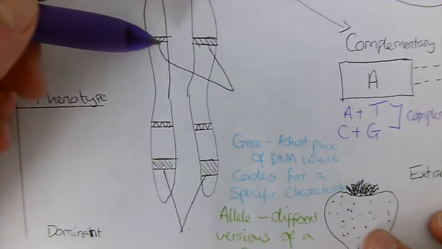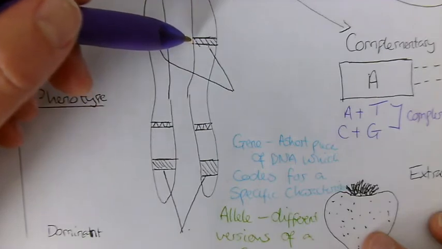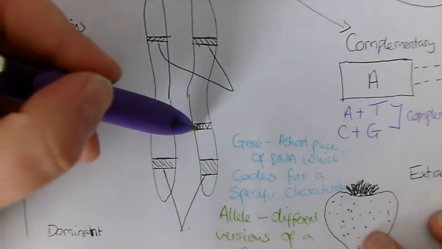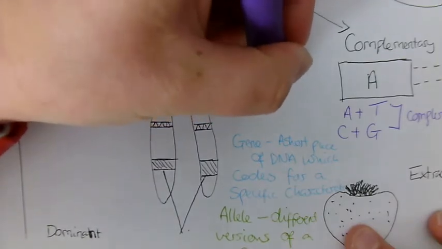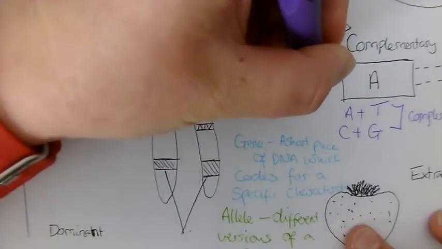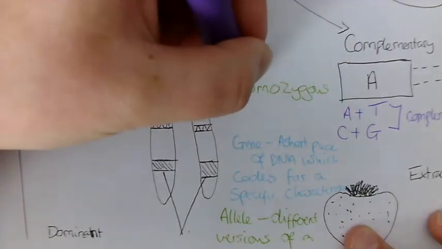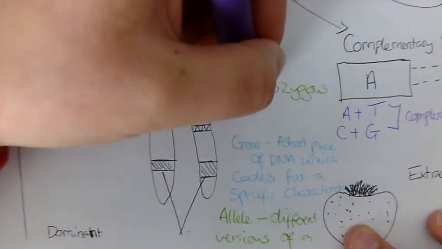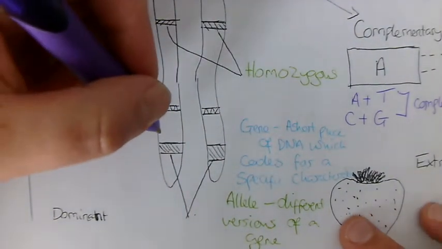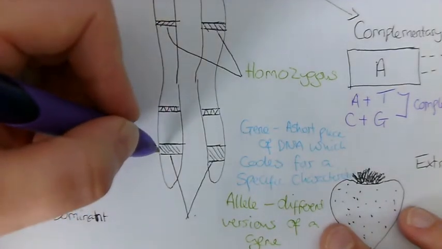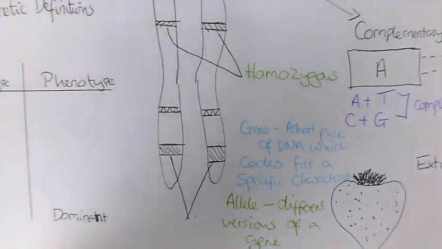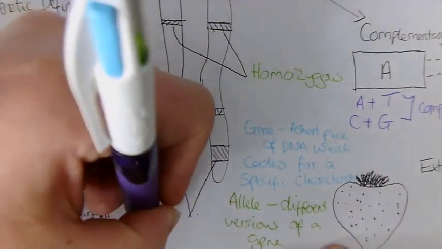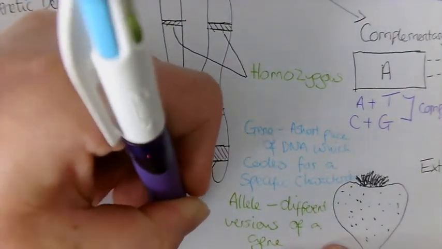If on the same chromosome they are the same, like here and here, they are called homozygous. So homozygous, homo for the same, and then if they are different, so if they have different alleles of the same gene, they're called heterozygous.